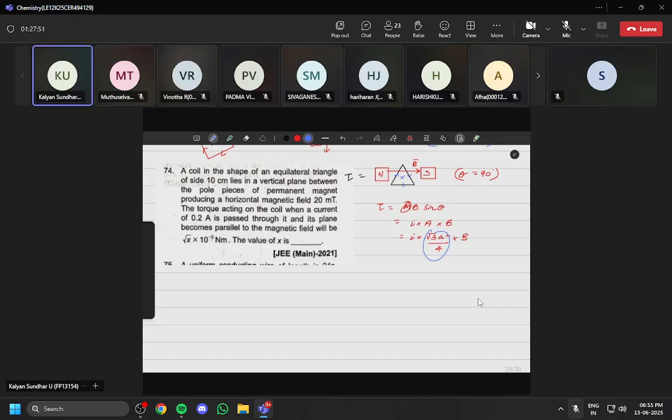So I is 0.2 ampere and the magnetic field they have given as 20 millitesla. So you will get tau as root 3 into 10 to the power minus 5, right? And what is the N value? N value will be 3.